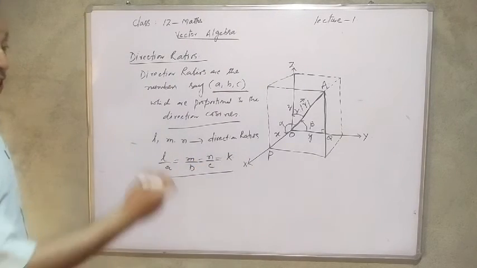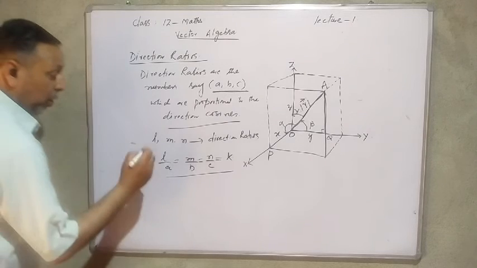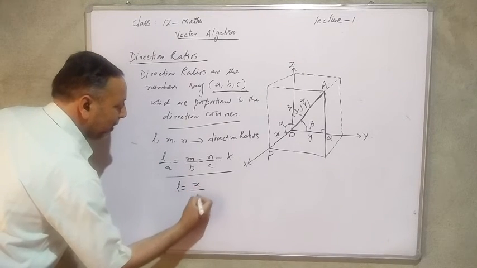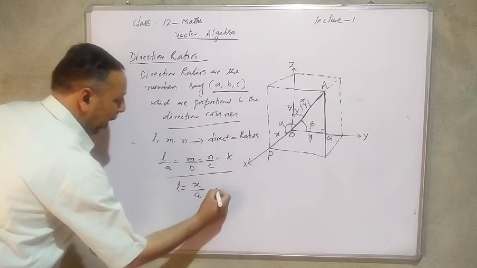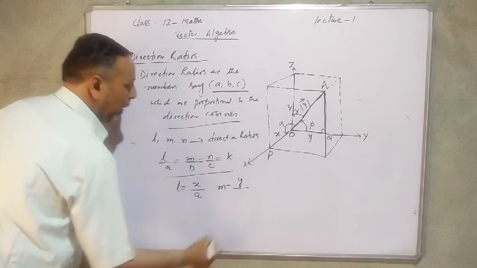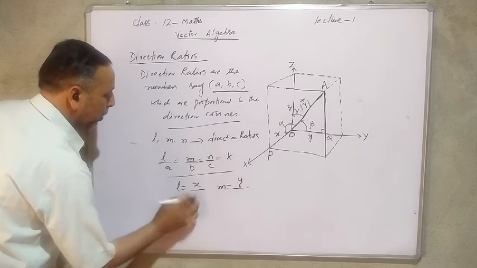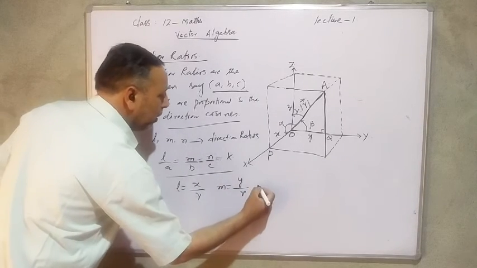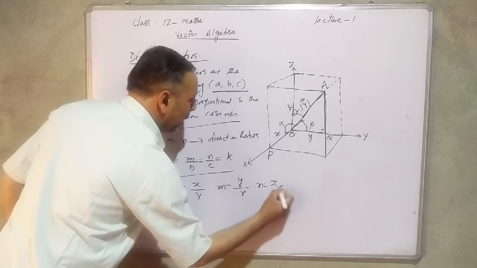Now, in direction cosines, you have studied that L is equal to x by r, M is equal to y by r and N is equal to z by r.